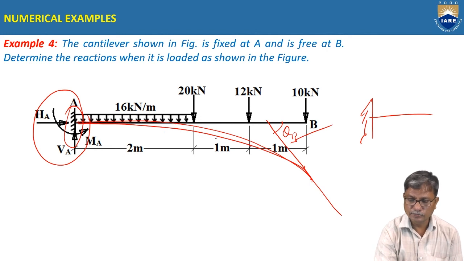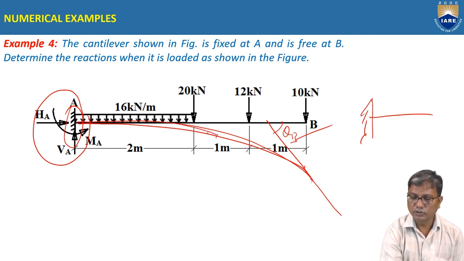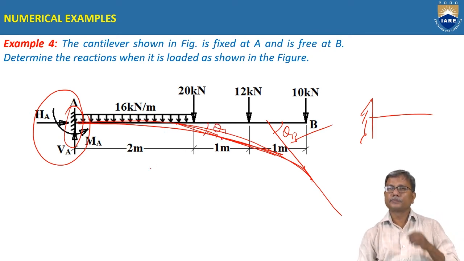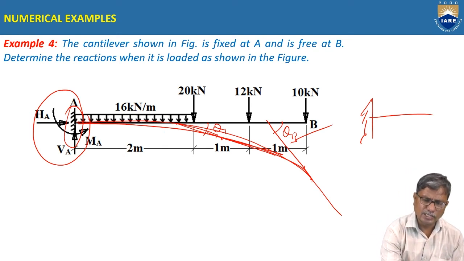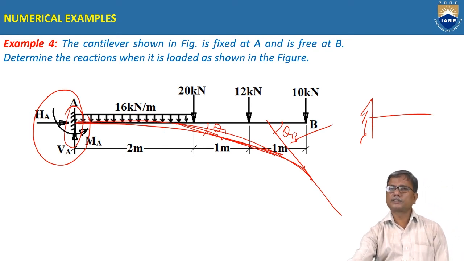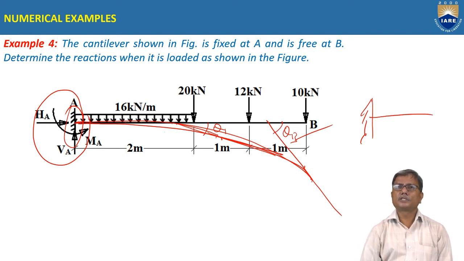At this point, if you draw the tangent to this curve, the angle made by that with the horizontal is the slope. And the slope at A will be 0 because the fixed support restrains rotation also. It will not allow rotation. Slope is nothing but rotation.